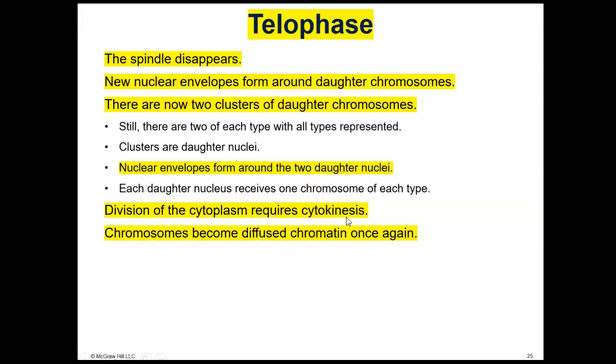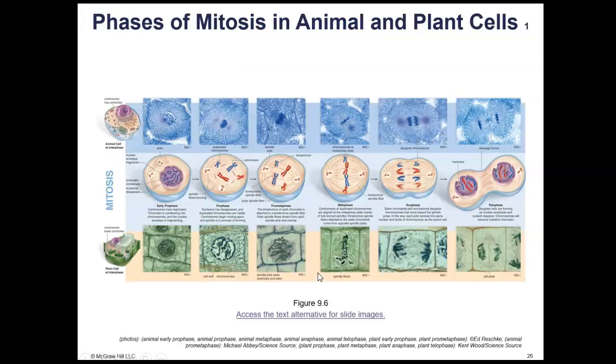That will happen alongside of telophase. It happens simultaneously. And then the chromosomes that had condensed, the chromatin had condensed and become chromosomes, now are going to become diffuse and form back into chromatin. So opposite of everything that we saw during prophase.